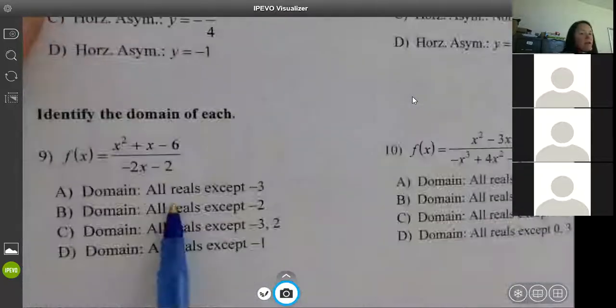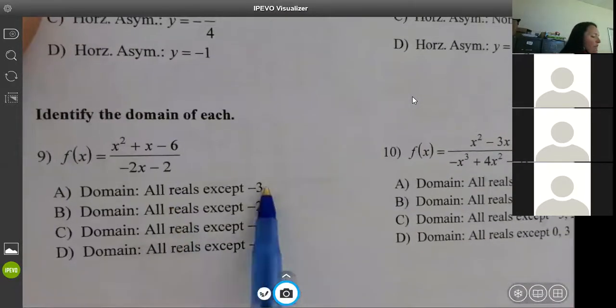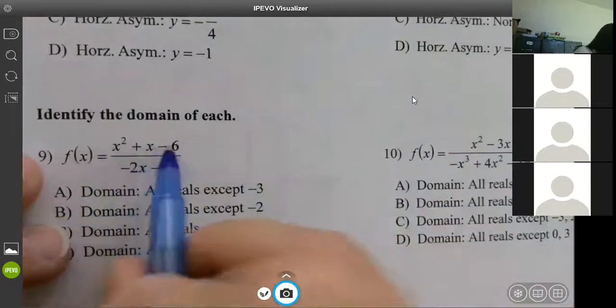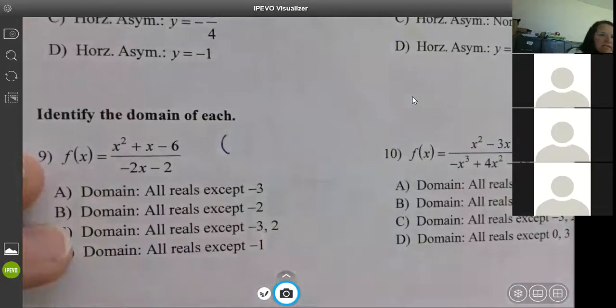Domain, just put it in your graph and you guys know how to do domains. Why would they have all reals except for these? What would these be? Holes or vertical asymptotes. So let's check this one out. X squared plus x minus 6. What are your factors of negative 6 that add to 1?